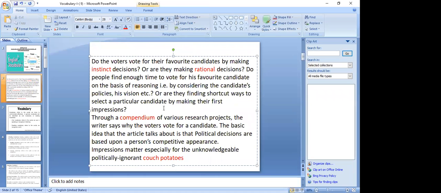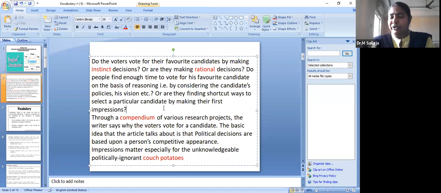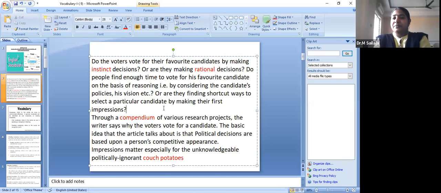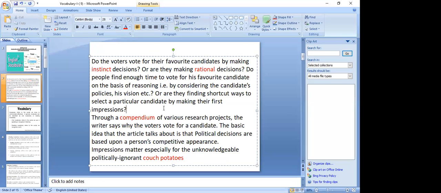Yes, ma'am. Can any one of you help me to read it very quickly? Akash, why don't you take the chance? Okay, ma'am. Do the voters vote for their favorite candidate by making instant decisions, or are they making rational decisions?